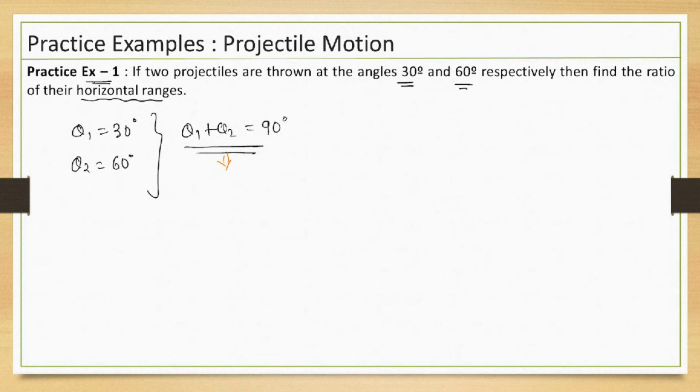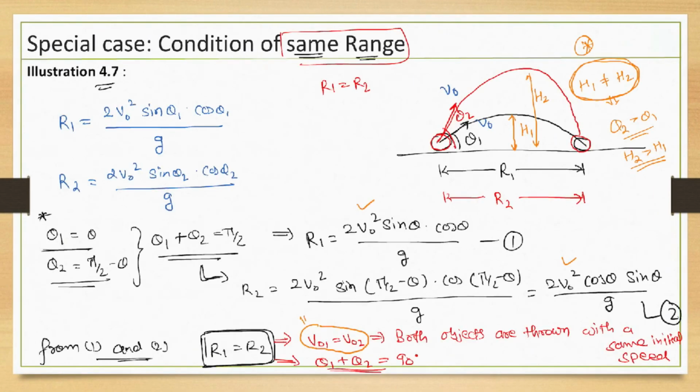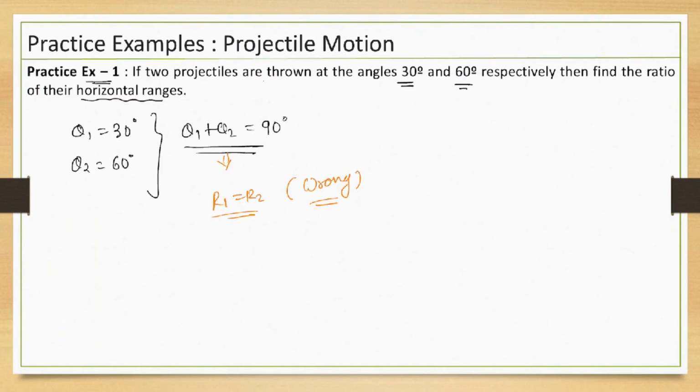As we studied, R1 is equal to R2, but actually it is wrong. Why is it wrong? Because when you consider this condition, the initial speed must be given, but here nothing is given about initial speed. Only two objects are thrown, but at what speed? We don't know.